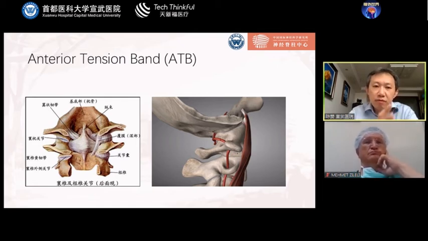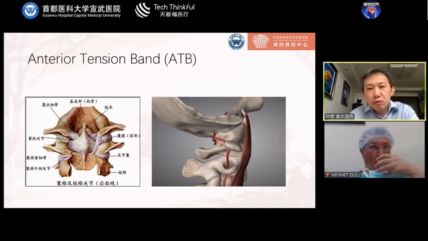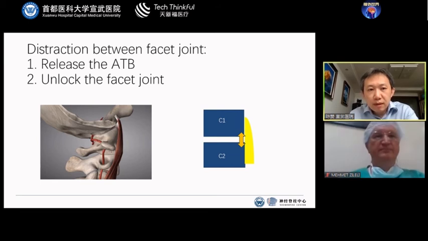This soft tissue connects C1 and C2 tightly together. So it's very hard to release the facet joint from posterior. But we can separate the facet joint. We can release the anterior tendon band from posterior.